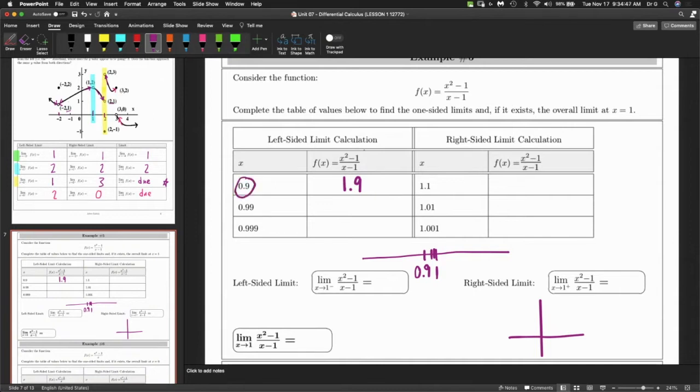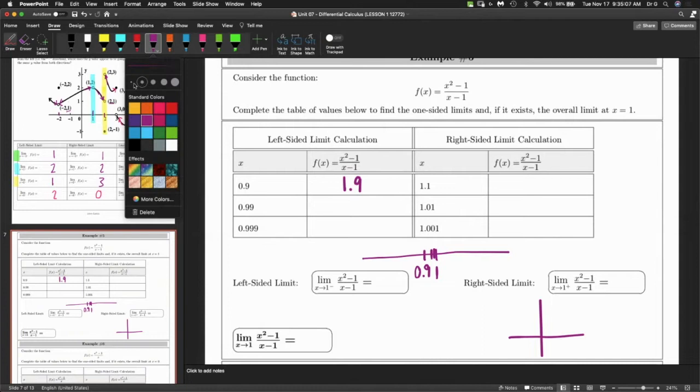This is x, and I want you to find y. This is y. So if you plug in 0.9 into here, what do you get? You should get 1.9. Thank you, Prabiti.